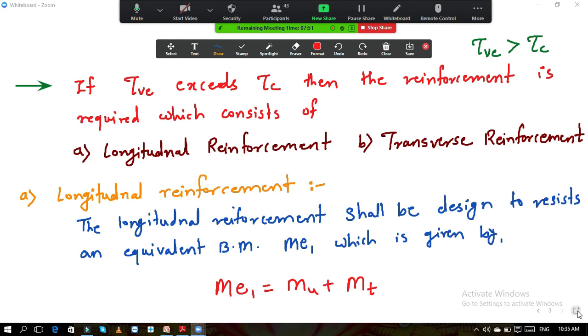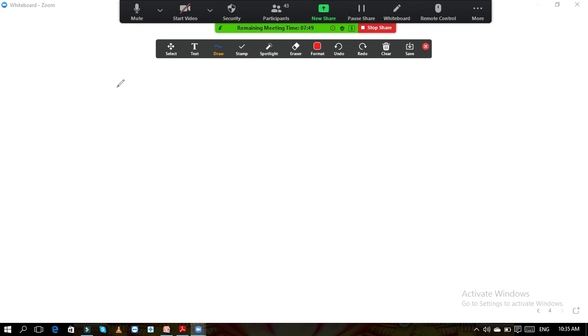Here, if you write further, where MT is equal to, what is the formula for MT? I have told you: TU in bracket 1 plus overall depth divided by width, and whole divided by 1.7. By using this formula you can calculate the MT.